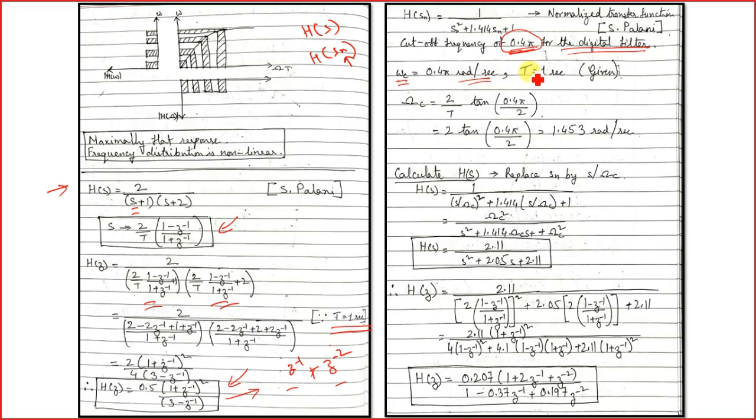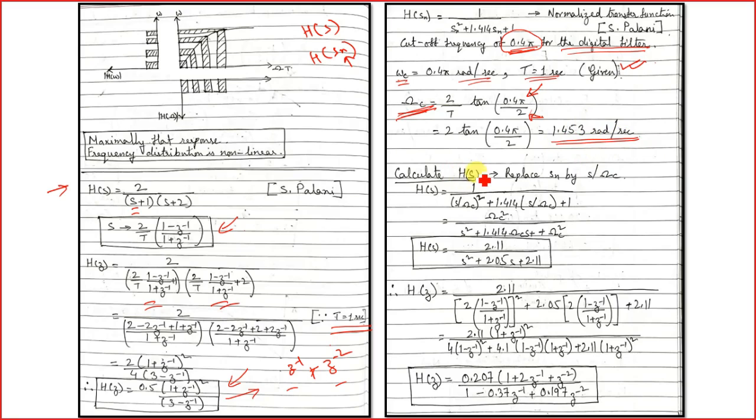Okay. And T is equal to 1 second, it is given. So from here we have to calculate omega c cutoff. So omega c cutoff is 2 by T tan of (0.4 pi times omega by 2), right? From here we calculate omega c, the analog cutoff frequency, of 1.453 radians per second. Okay.